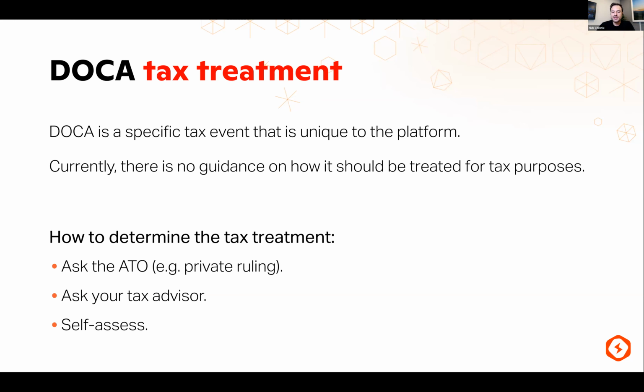You are, of course, allowed to engage a tax advisor who can help you look at your situation and then make a decision about how that could be treated. And the third point is that our tax system is a self-assessment tax system. So you're also certainly able to look at your own situation, and if you feel confident and you've done your research, you may be able to interpret that and make a decision yourself on how it should be treated.